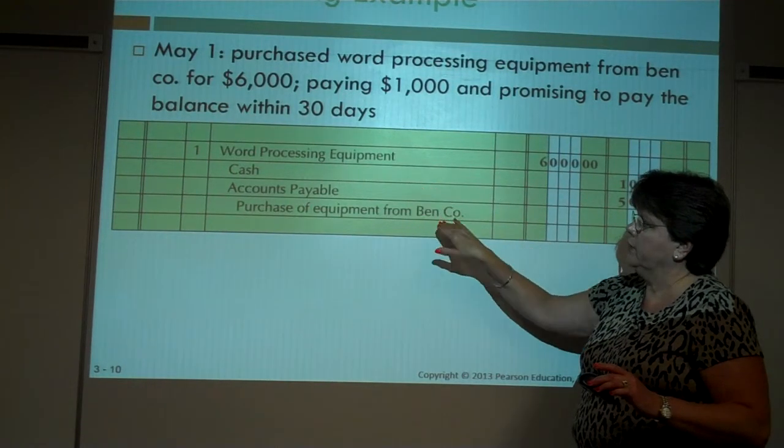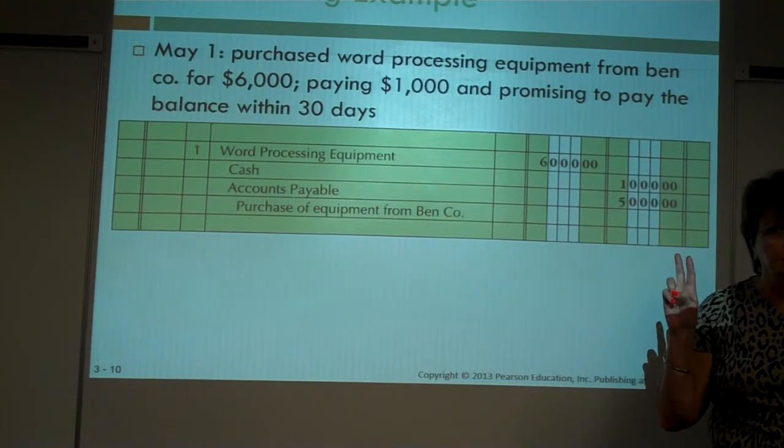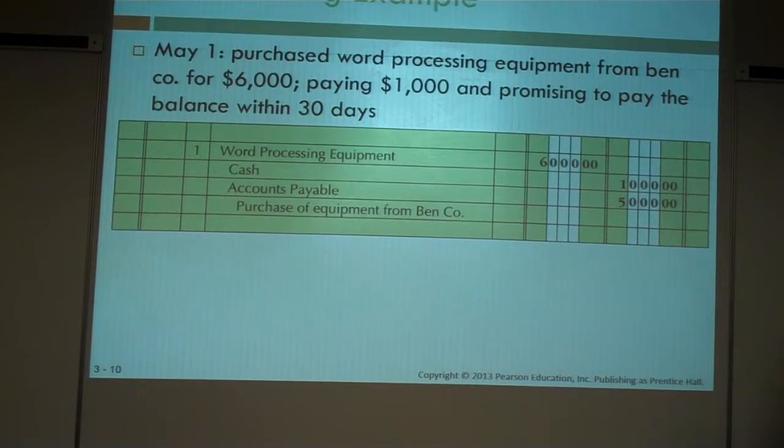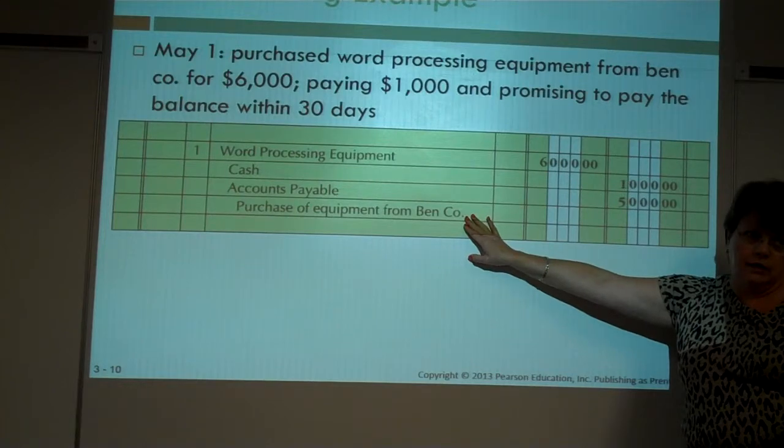This account with the Ben Company has to be posted twice when we get ready to post, and we've already opened up what's called a subsidiary ledger. We're going to post it to accounts payable, but we're also going to post it to an account called Ben Company.